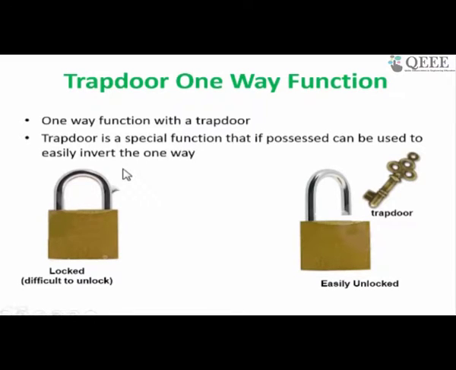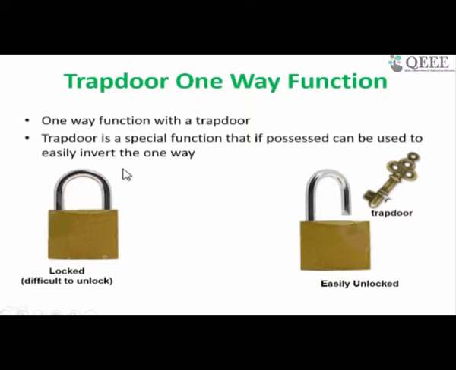So now you see that given this particular lock, it is easy to lock it just by pressing it, and once it is locked, as before, it is very difficult to open it. However, if a person has the key for the lock, which we call the trapdoor, then it would be easy for the person to open the lock.